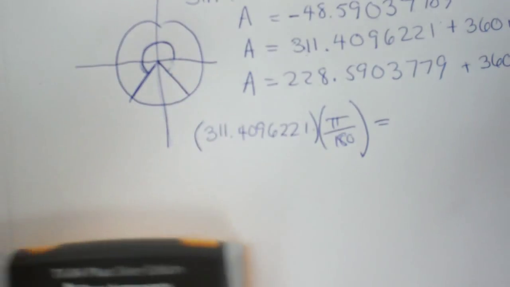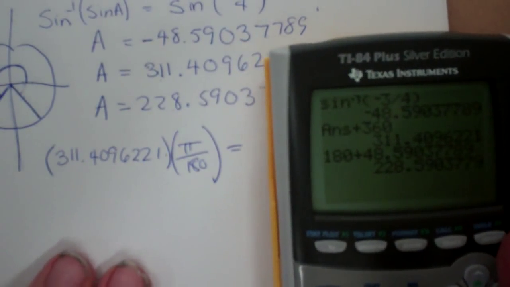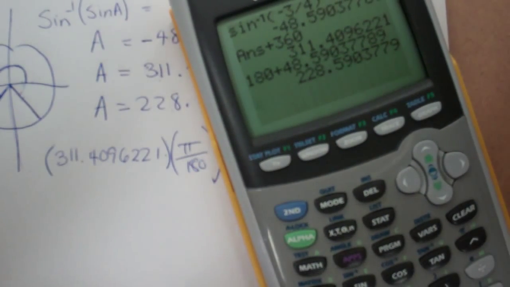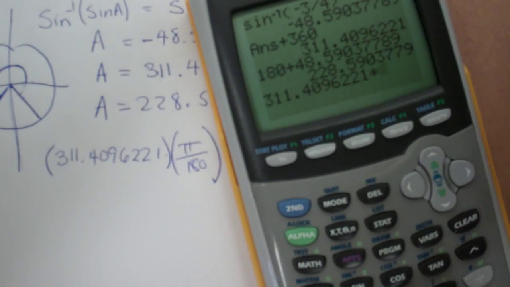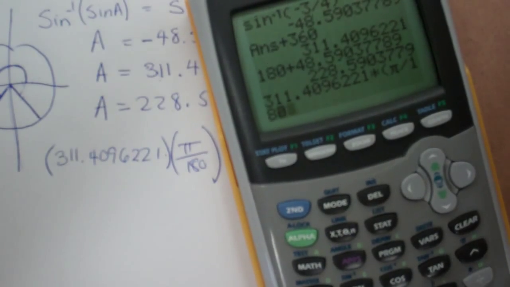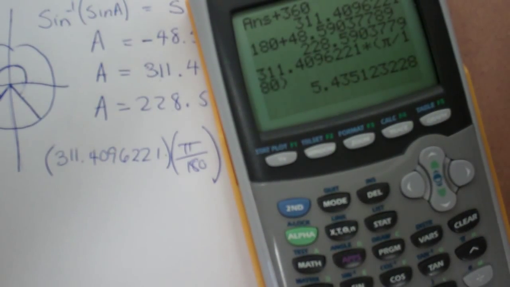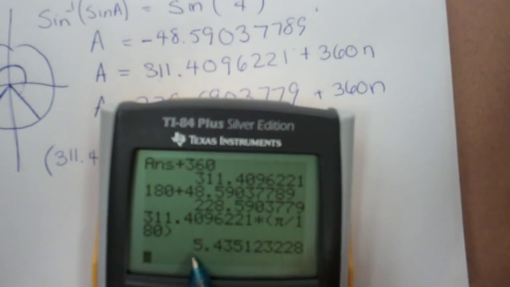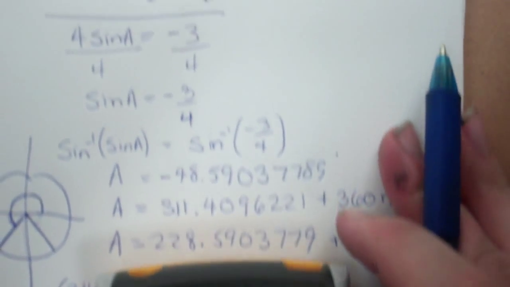This is 311.4096221, and then we're going to multiply that by pi over 180. And that comes out to be 5.435123228. But this is the number of radians, and this is the appropriate time to round it.